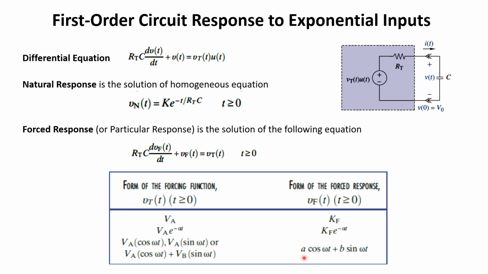We can express it as A cosine omega t plus B sine omega t, or as we have discussed in chapter number 5, we can express it as uppercase A multiplied by cosine of omega t plus theta.